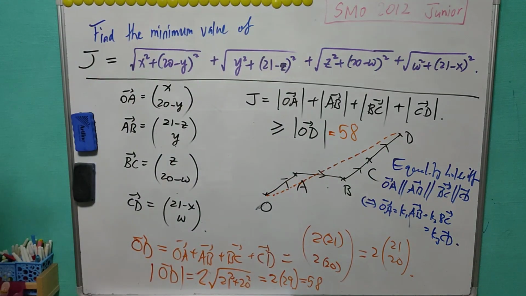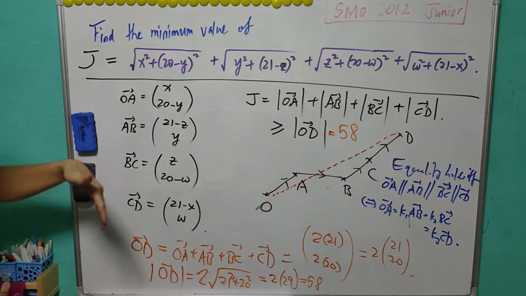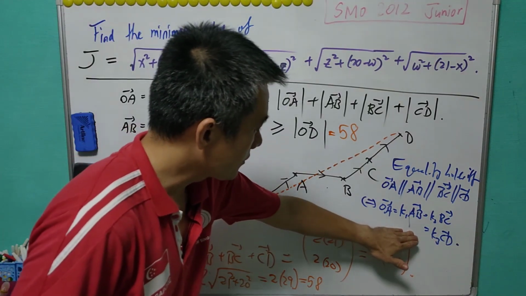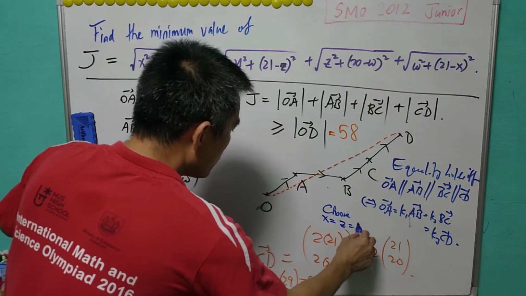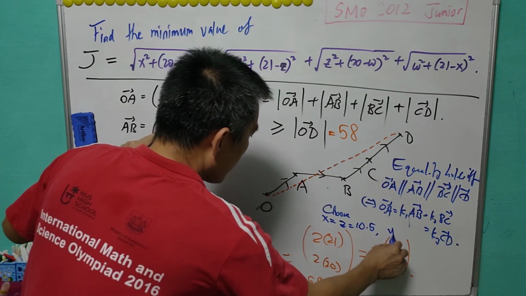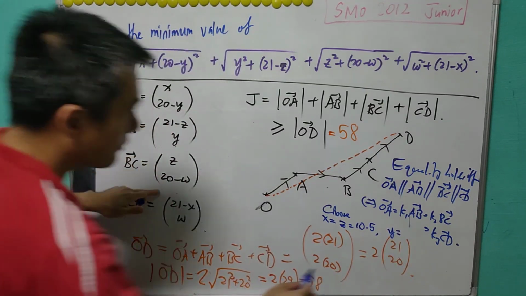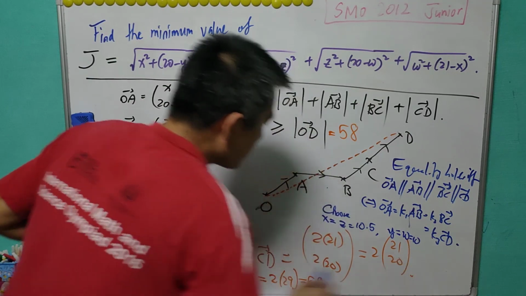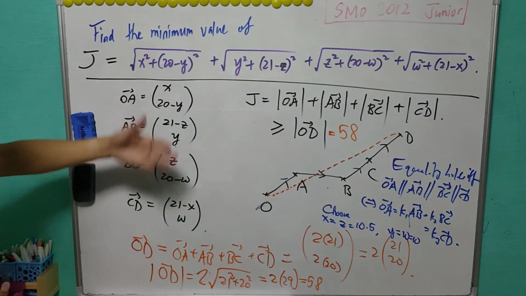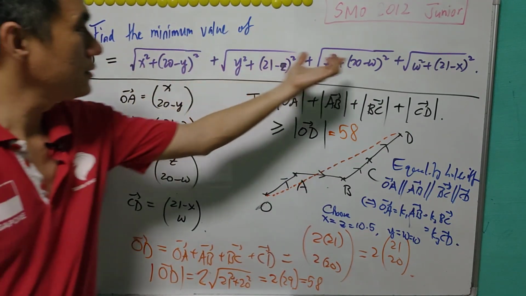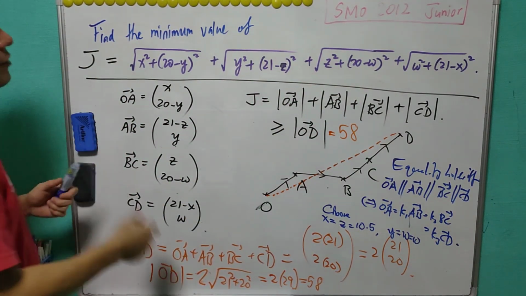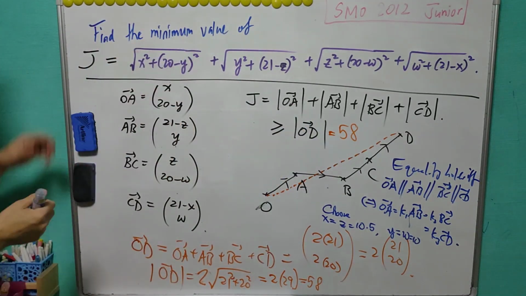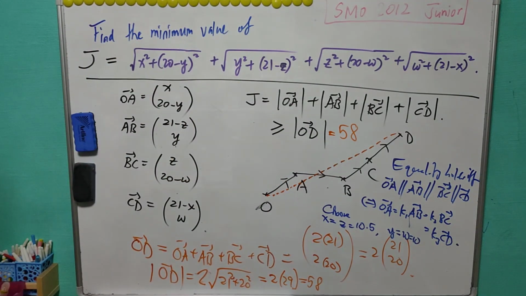And we need to ask whether it is possible. There are quite many different values of x, y, z, w satisfying this condition. And we can choose x equals z equals 10.5 and y equals w equals 10. When we substitute all this and do the calculation here, we know that J will be exactly equal to 58. And therefore we found out that 58 is the minimum value of J. So 58 is our answer here.